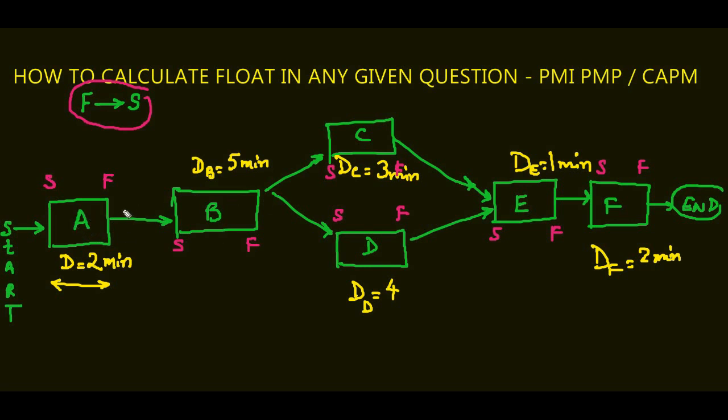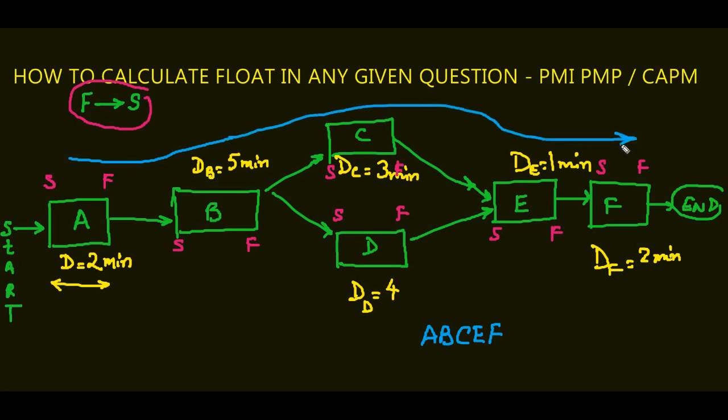Let's find the path here: A, B, C, E, F. Let's assume that we are driving, it's like Z. You go like Z, so it's A, B, C, E, and F. A and B, how much? 2 plus 5, 7. 7 plus 3, how much? 10. 10 plus 1, 11.